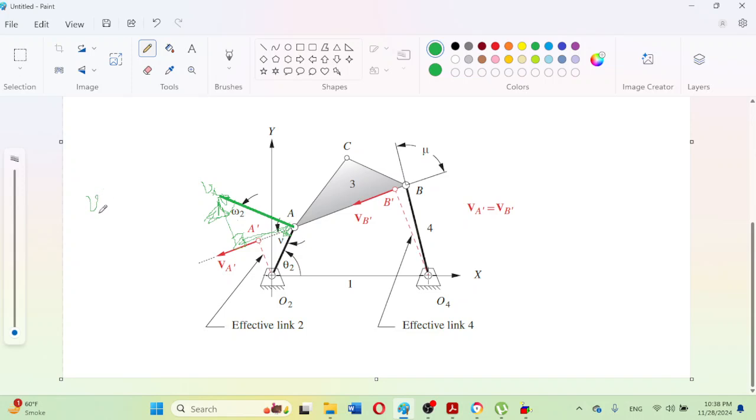So VA dash will be equal to VA sine of V. This is the second method of calculating VA dash.